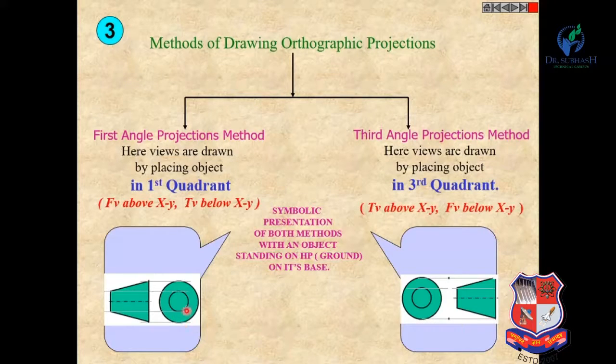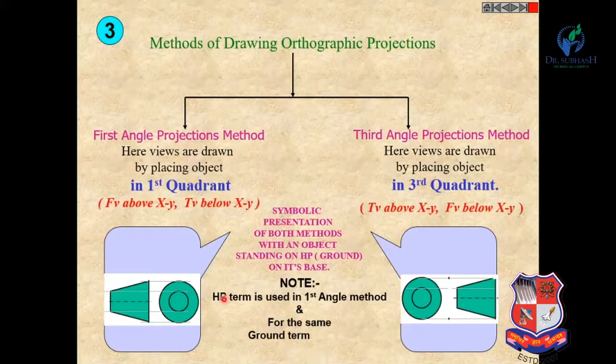One more thing I would like to add is that the HP term, that is the horizontal plane term, is used in the first angle method, and for the same, the ground term is used in the third angle projection method. We will see in our next slide why this ground term is used.